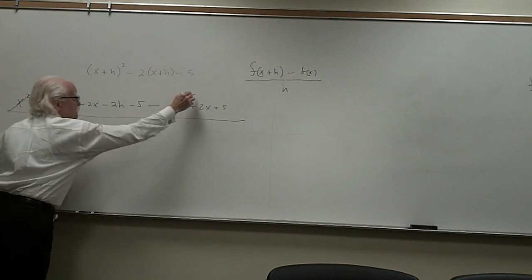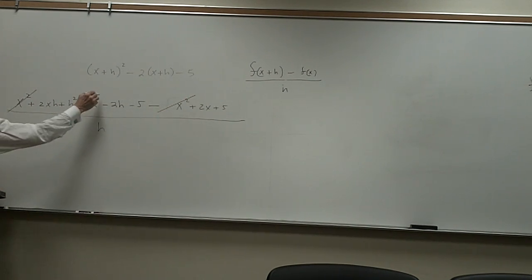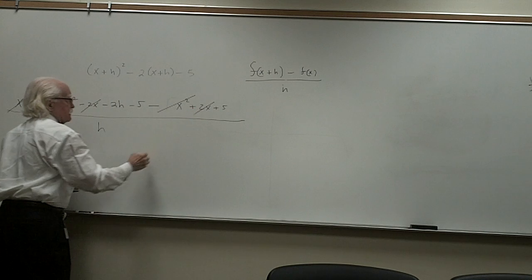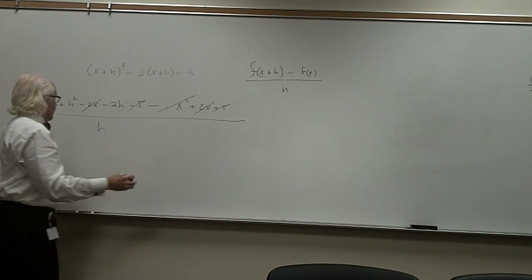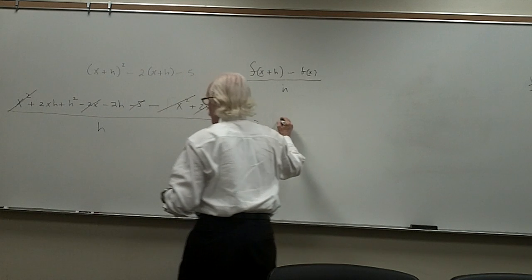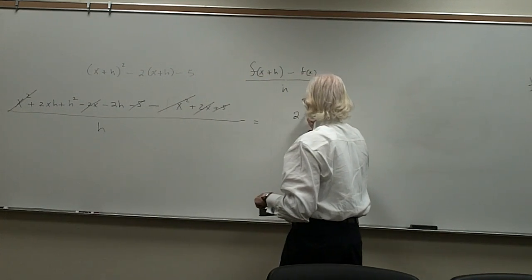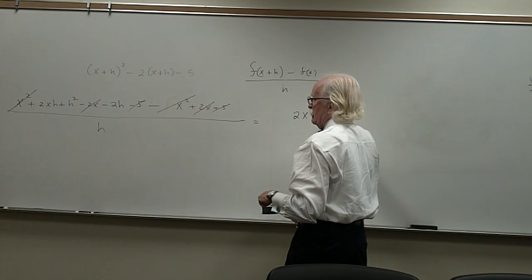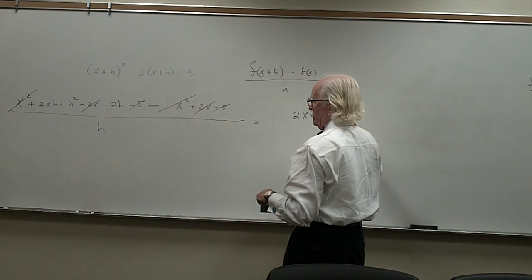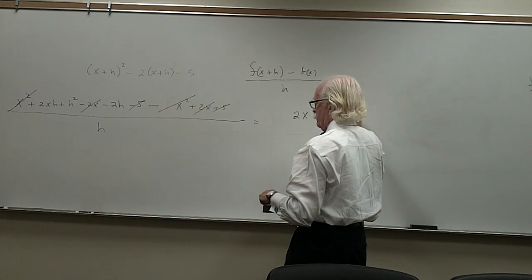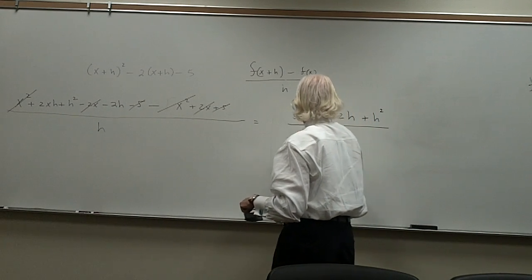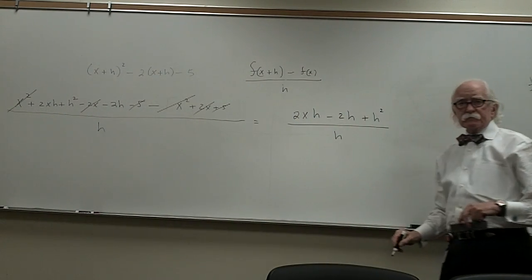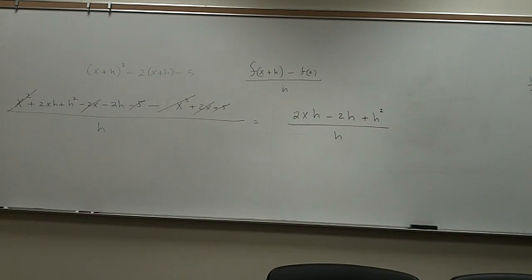This goes away with that, the 2x and the plus 2x, the minus 5 and the plus 5 go away. And now I am left with nothing more than 2xh minus 2h plus h squared, all divided by h. That's all that I have left.